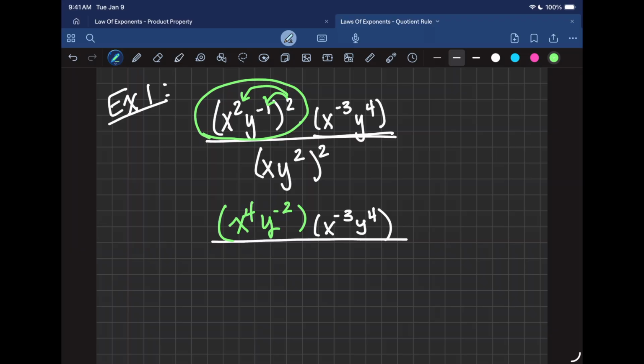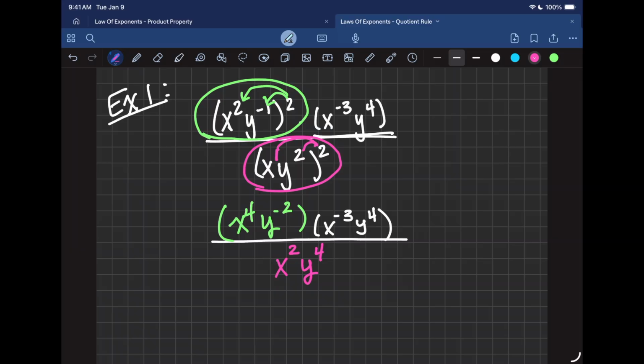Now I'm going to look at my denominator. In my denominator, I have xy squared, all of that squared. Here I do have an invisible 1 next to that x, and now I can start multiplying. My two bases are x and y. Then I do 2 times 1, which is 2, and 2 times 2, which is 4. If you need to pause and look at this again, feel free.